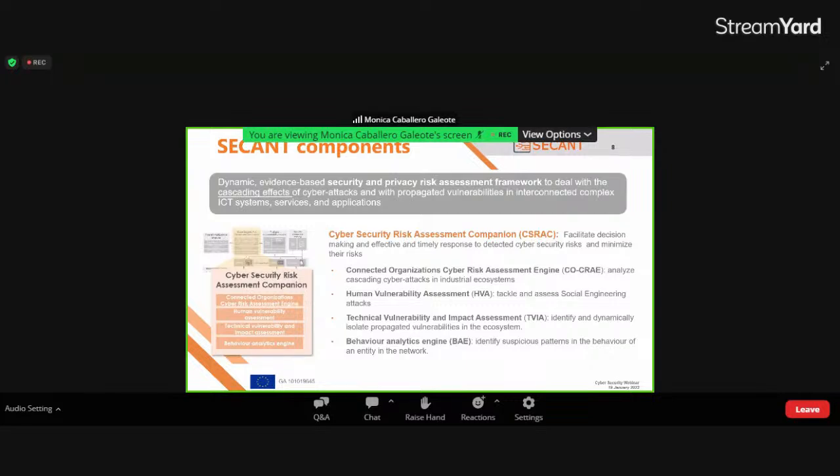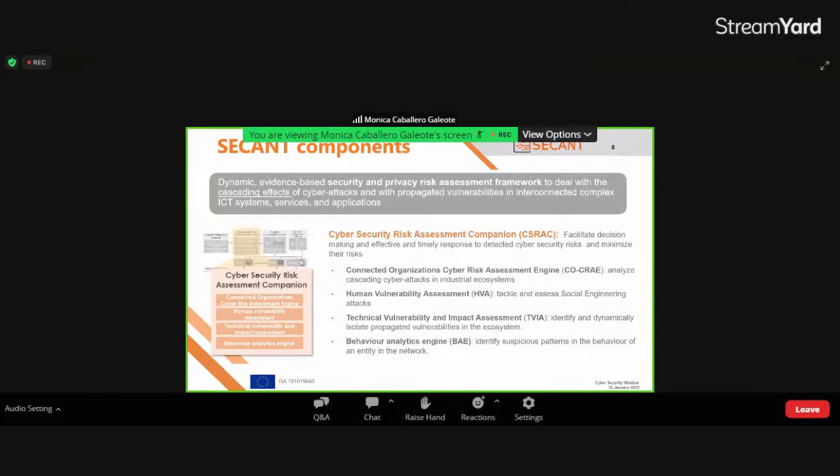This is composed of four models. The first one, the Connected Organization Cyber Risk Assessment Engine, using input from the threat intelligence model, will identify the potential vulnerabilities. It will also assess the propagation through the supply chain and will propose treatment solutions.